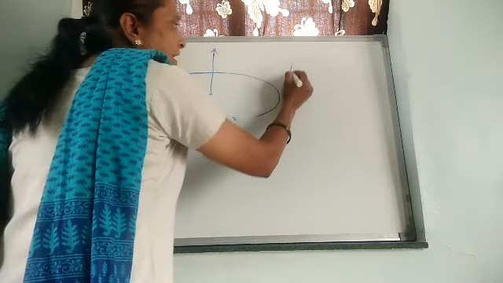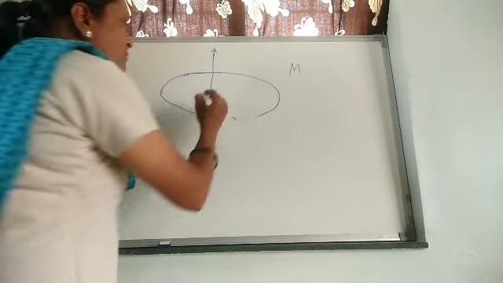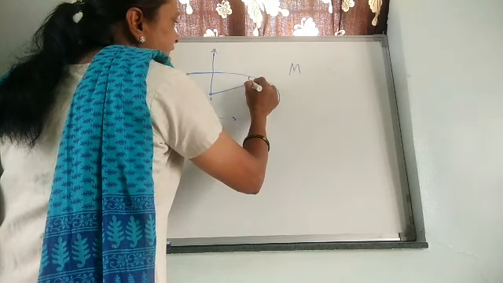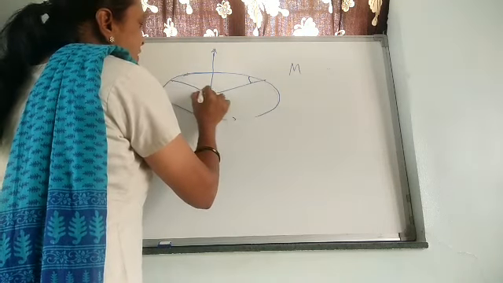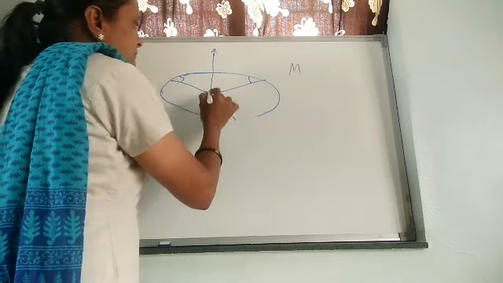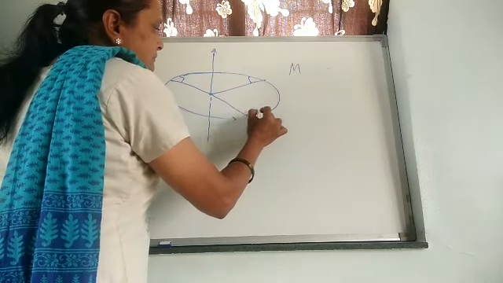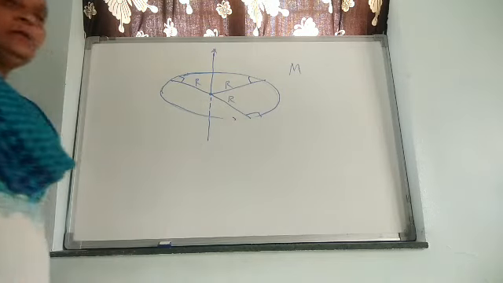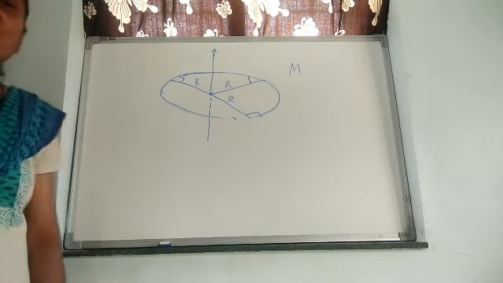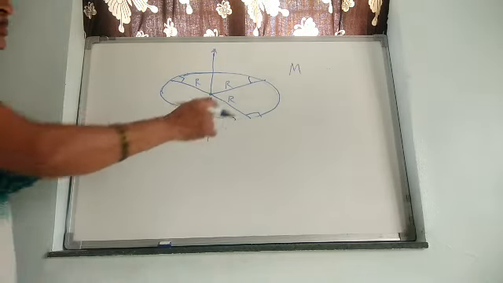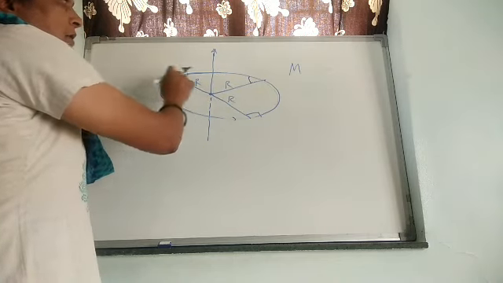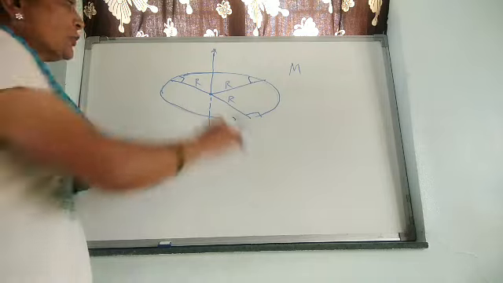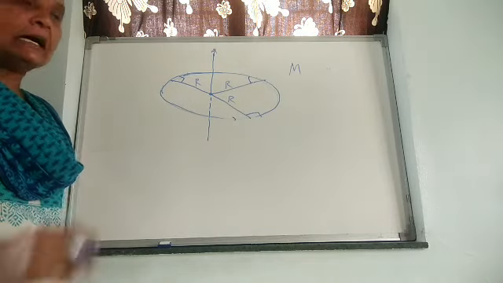We have considered a ring having mass M, whose perpendicular distance from the axis of rotation, see here, will be equal to r. M is the mass of the ring, situated at a distance r from the axis of rotation, which is the radius of this ring.